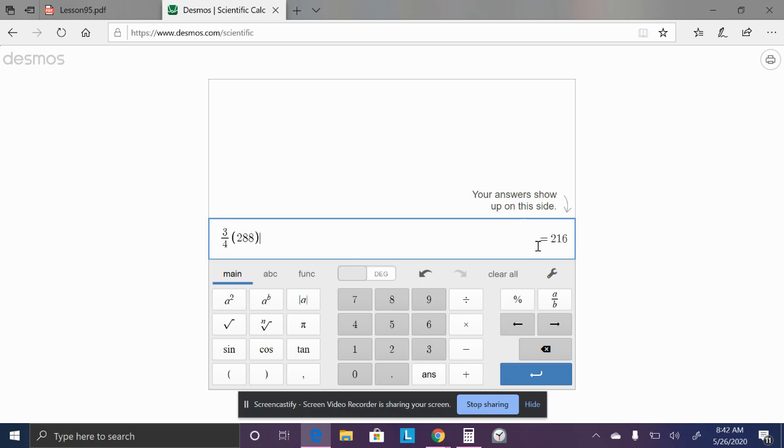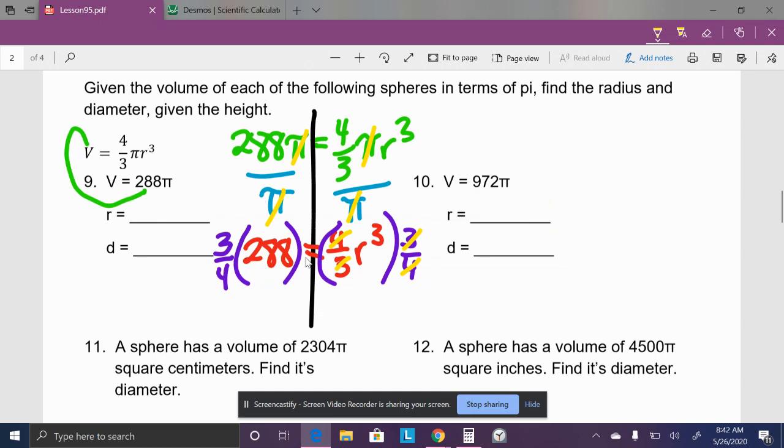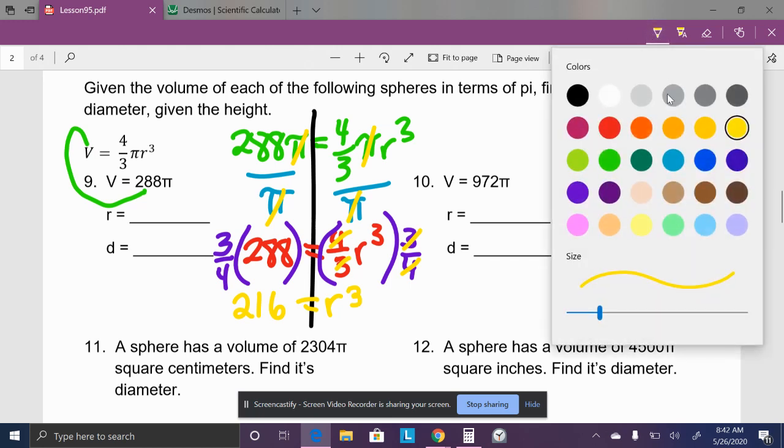Then we want to find the cube root of 216. Going back here, so let me write this down first. 216 equals r cubed. I want to get rid of this cubed. In order to do that, I have to find the cube root of both sides.